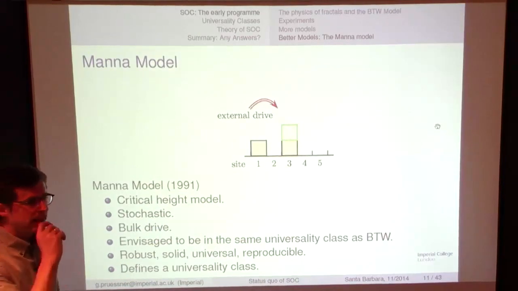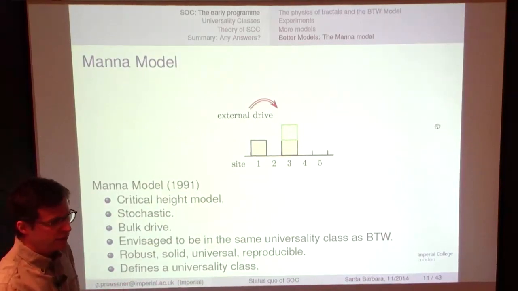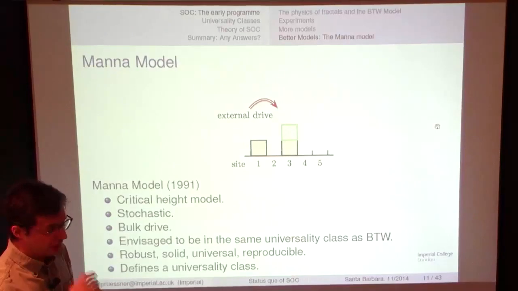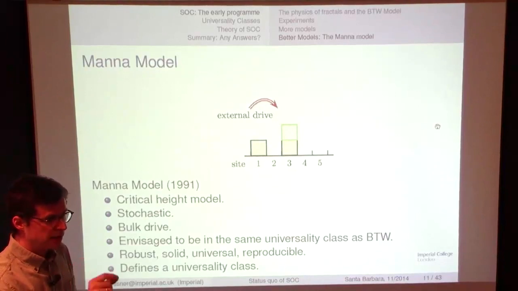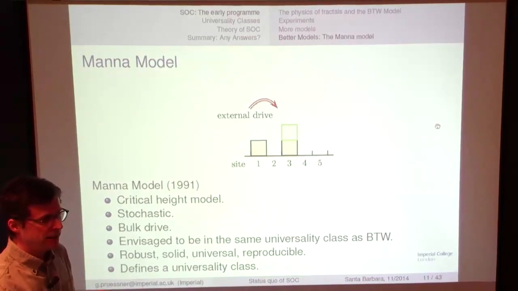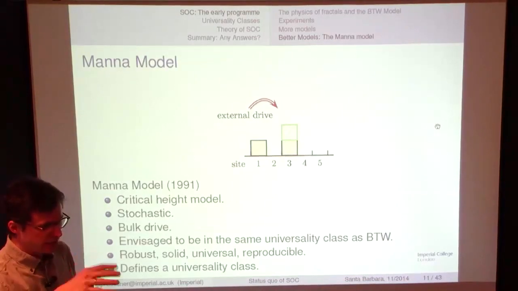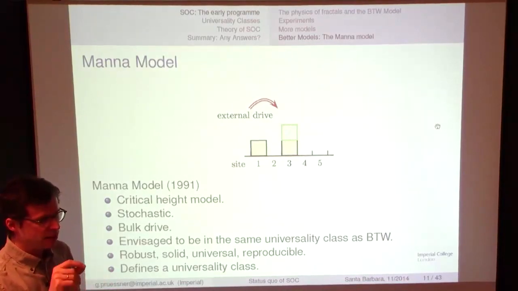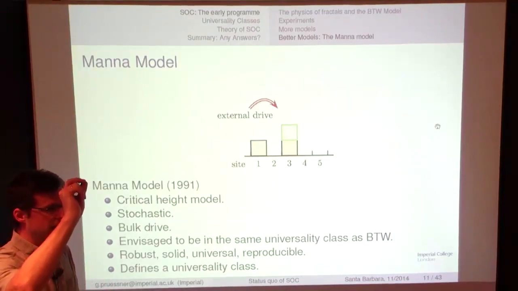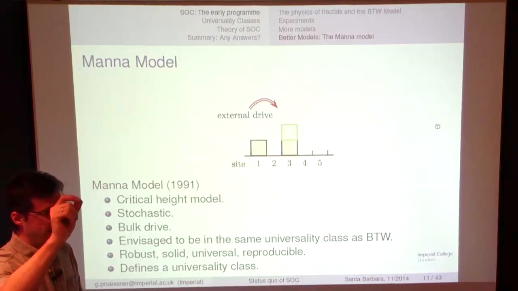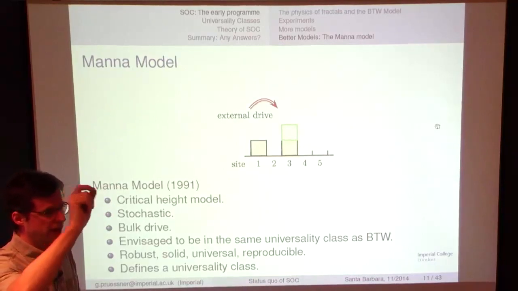Also, abelian means, in this context, initially, to be very strict, in the original Bak-Tang-Wiesenfeld model, abelian meant that the final state of the BTW model does not depend on whether you first add a particle at site i and then at j, or first at j and then at i.